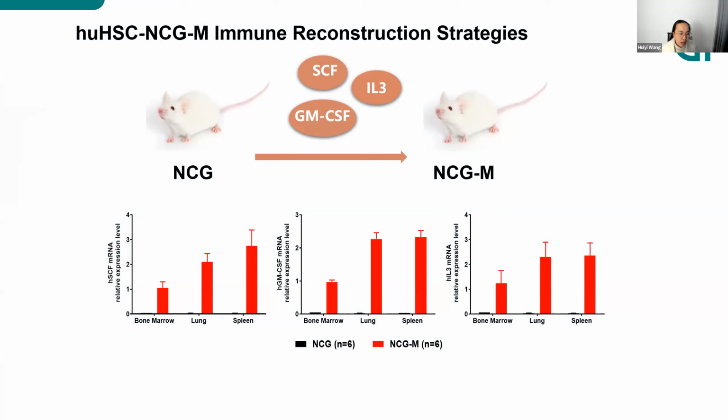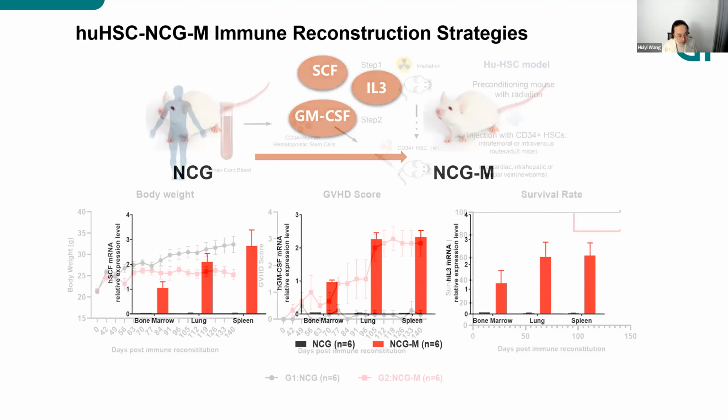This is the mRNA expression level in the bone marrow, and we can see that in the knock-in mice there is human SCF, GM-CSF, and IL-3 expression, but not in the NCG mice.